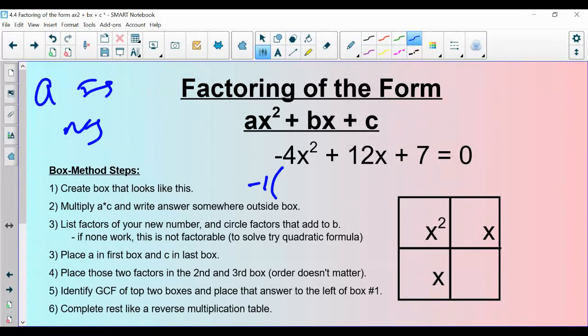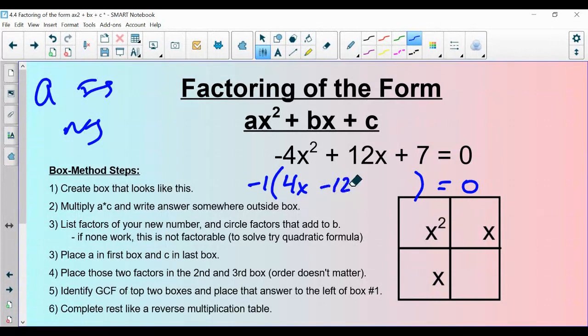I know that might seem weird to you guys, but if we factor out a -1 and we take it outside of the parentheses, all that's really going to do is make everything else positive. This is like undoing the distributive property. So -1, if you were to distribute it back in, it would give you -4x squared.